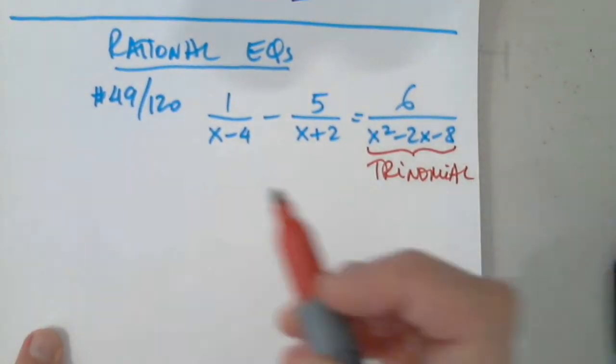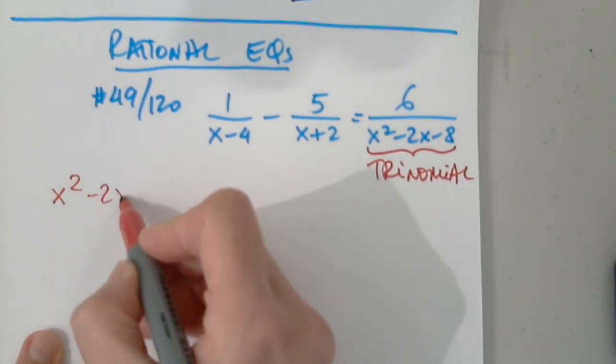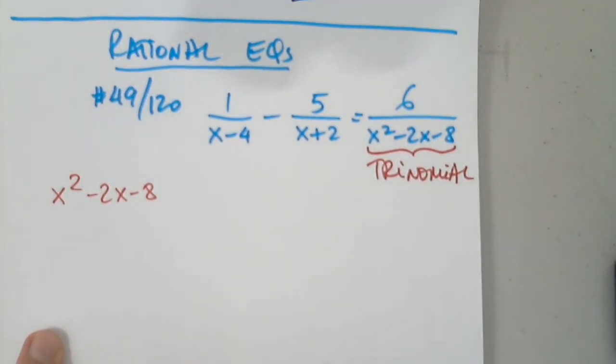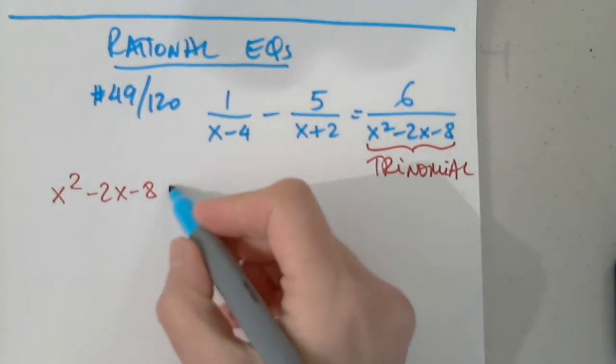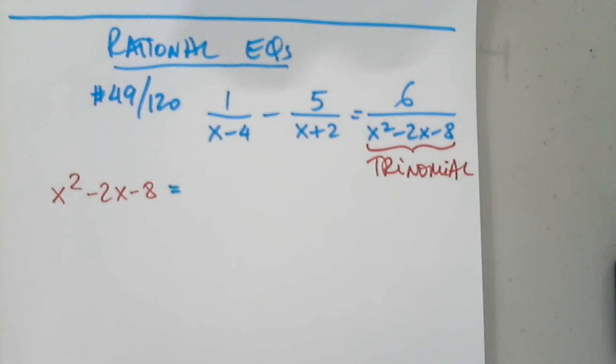If anyone can give us the factored form of x squared minus 2x minus 8 at this point, then we will go through everything from scratch with factoring. Can anyone factor this out for us at this point before reviewing factoring? Anyone?